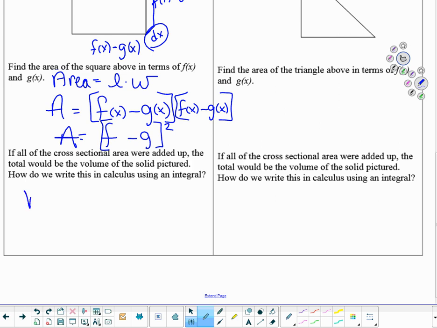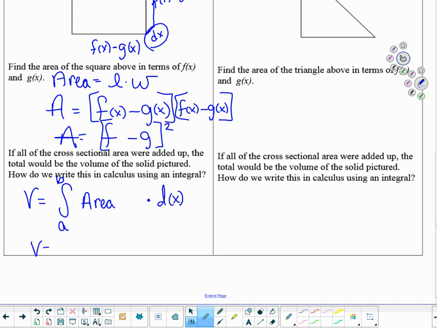So I want to come in with volume, and the volume statement for cross-sectional area is simply the integral from A to B. These would be x values because I'm going to use my x ones. And it's the area in terms of x multiplied by dx. So area times thickness gives us volume.